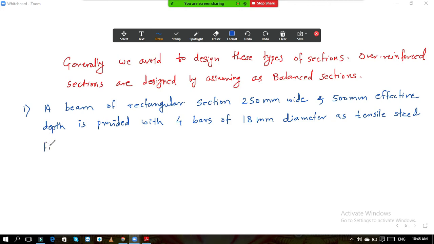Find the depth of neutral axis and ultimate moment of resistance.